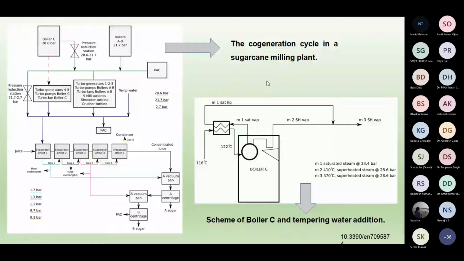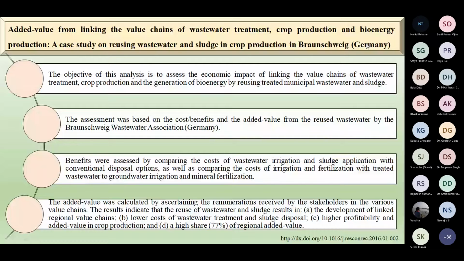In Germany, a case study is being done by linking the wastewater treatment, crop production, and bioenergy production all together. It is also one of the very important case studies, and they did the cost benefit analysis. They found out that benefits are many because you are comparing the cost of water irrigation, disposal handling, and many other associated costs.